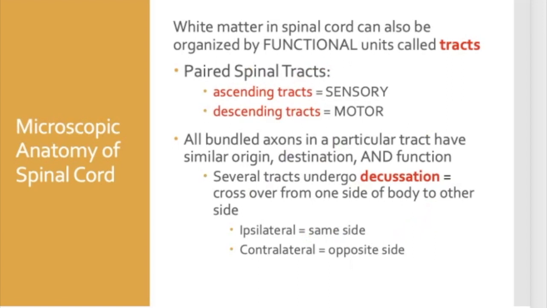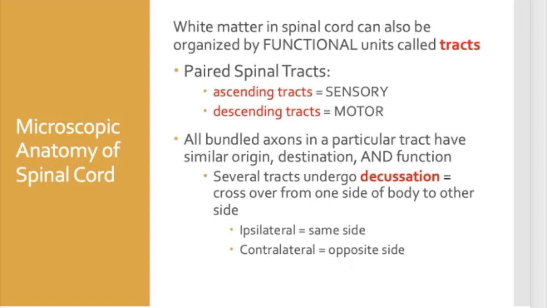We can also describe these bundles of axons functionally. We don't refer to them as nerves when we're in the central nervous system. We refer to them as tracts. So we have both ascending tracts and descending tracts in the spinal cord, bundles of axons that are either carrying sensory information or carrying motor information.